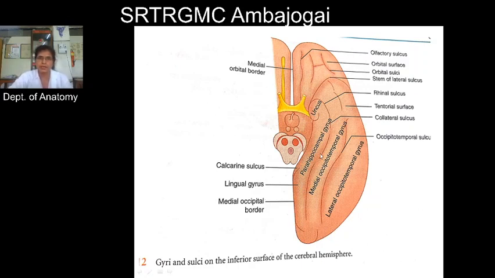Then this is the tentorial surface. On this tentorial surface, there are two sulci which run anterior to posterior. First is the collateral sulcus. So here this is the collateral sulcus, and anteriorly this collateral sulcus is continuous with the sulcus that is called the rhinal sulcus, and this rhinal sulcus separates the part of this temporal lobe from the anterior pole, that is from the temporal pole, that is called the uncus.